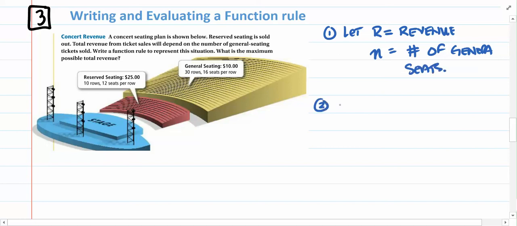So then number 2, I want to relate everything I have. So I know that the revenue R is equal to, well, I already know that the reserved seating has been sold out. Okay, so the reserved seating costs $25 for every seat, and there are 10 rows, and every row has a grand total of 12 seats per row. So 25 represents the cost, the rows, and then the how many seats per row.